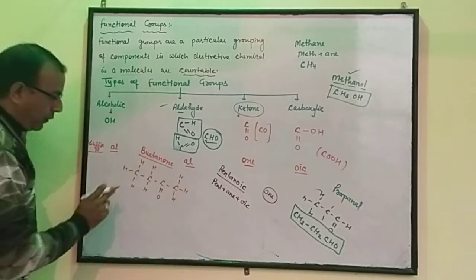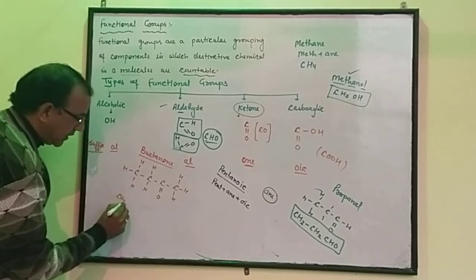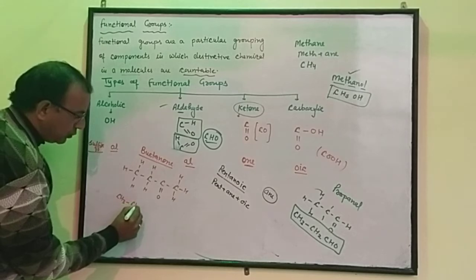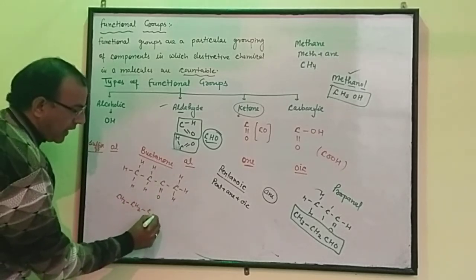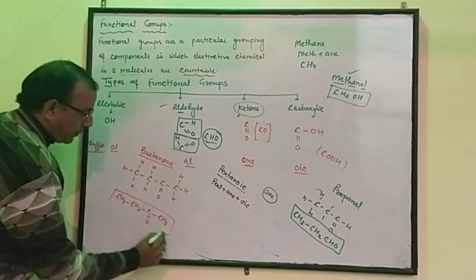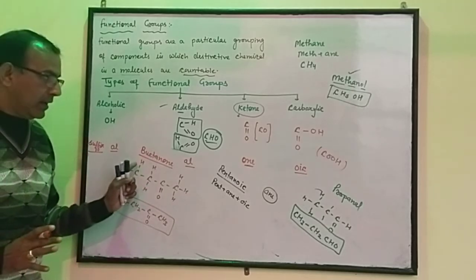If we draw the chemical formula, this C is bonded with 3 hydrogen, so we can write it CH3. This C 2, CH2, then this one C double bonded O, and this one CH3. This is the chemical formula of butanone. Is that clear?